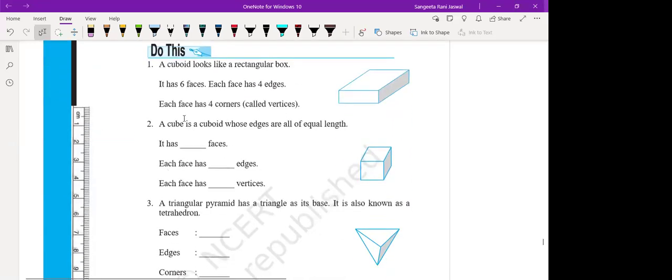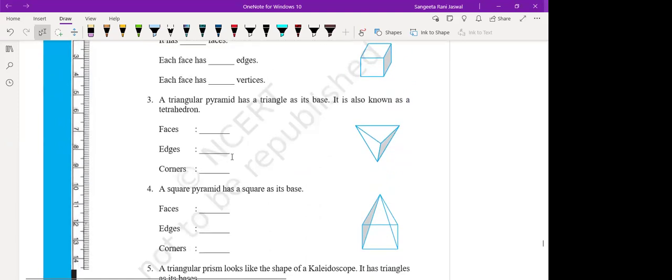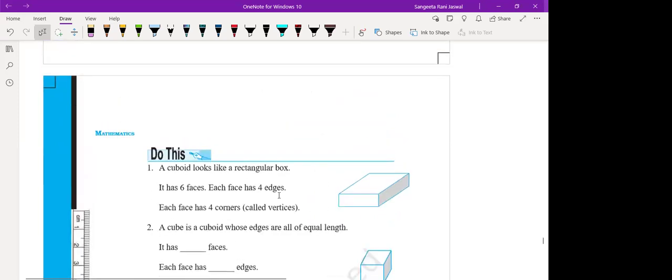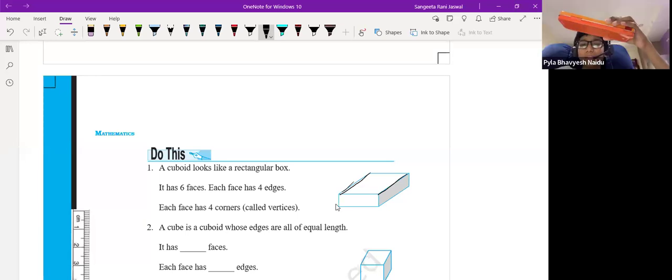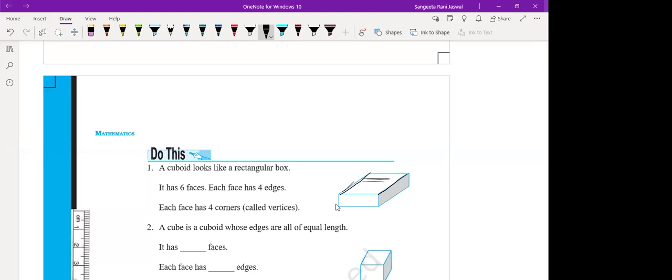So how many edges and how many faces does it have? Suppose I'm taking a cuboid, like a shoe box. How many sides and how many edges does it have? Edges means these corner sides. Taking your pencil box, this is one face, this is another face.